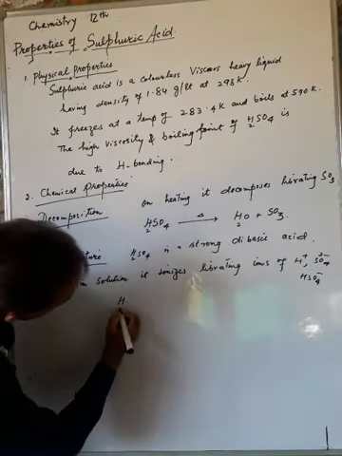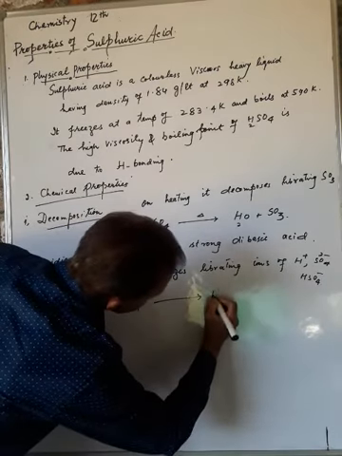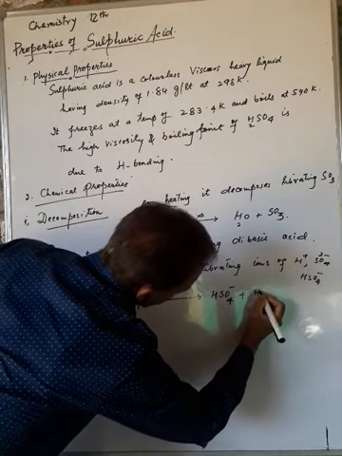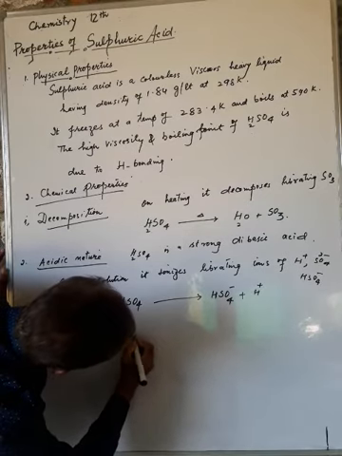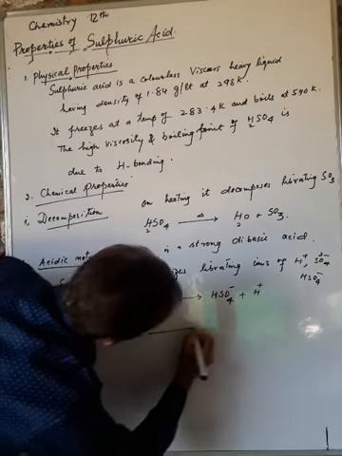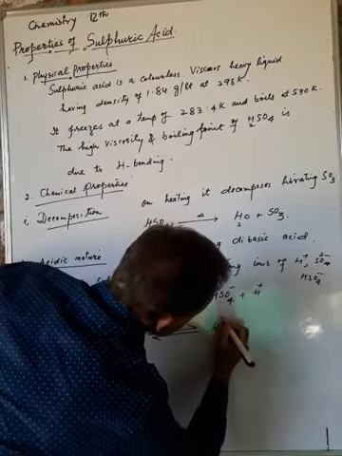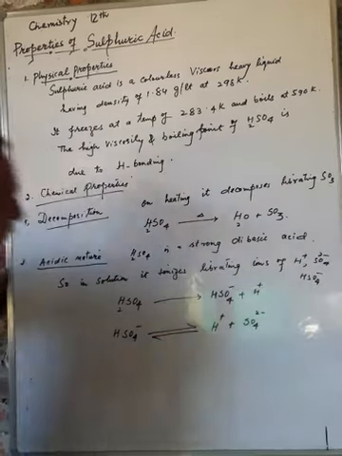So we will show H2SO4. In the solution it ionizes, it gives HSO4 negative plus H positive. This HSO4, bisulfate, decomposes and forms H positive plus SO4 2 negative.